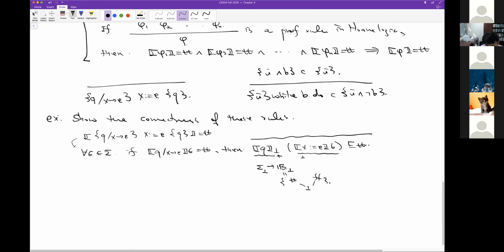But in this case, things are a bit simpler because assignment always terminates, and we know its outcome. So this whole thing is going to be sigma, where x is updated to the value of the expression. And because it's a state, this entire condition says that Q should be true under this state.